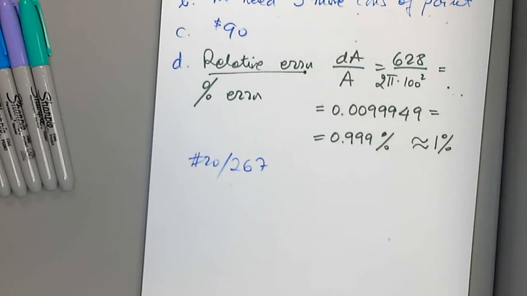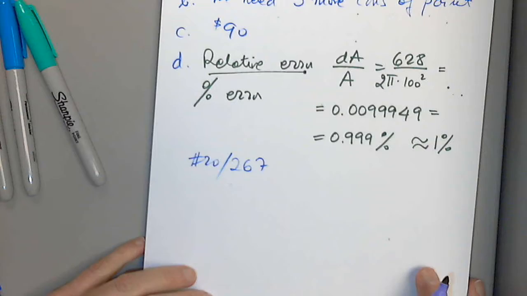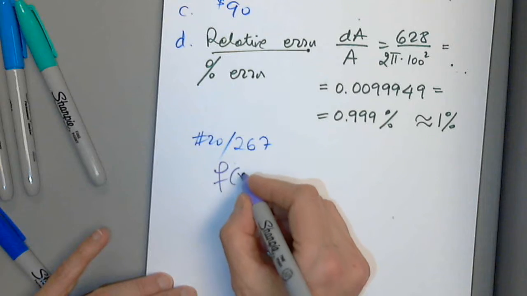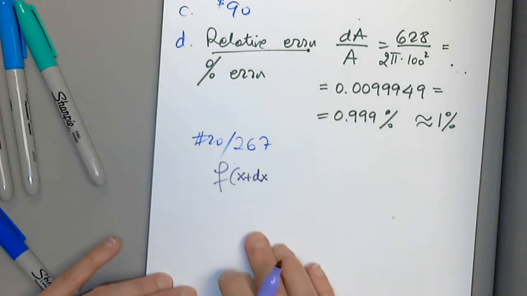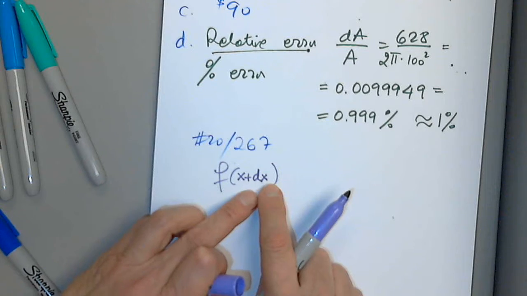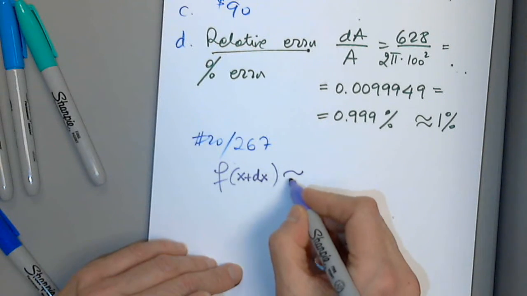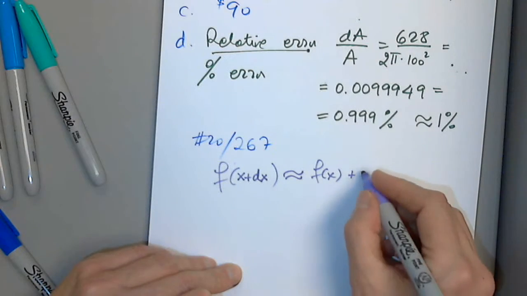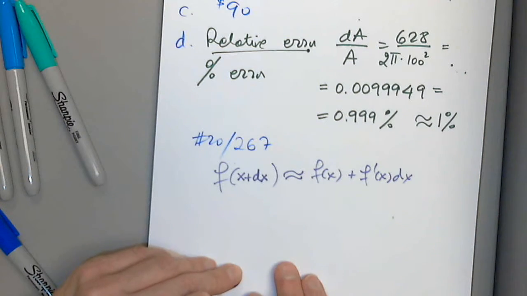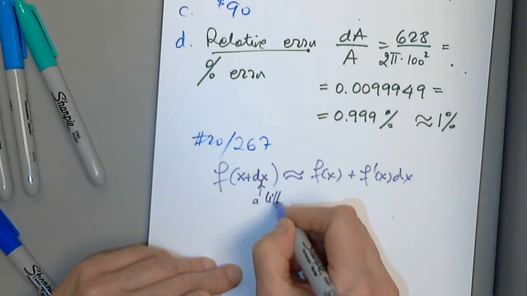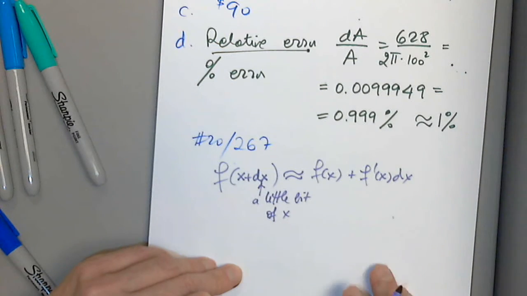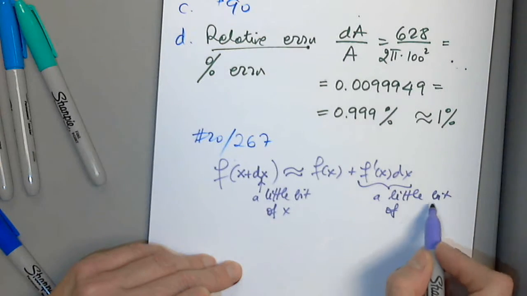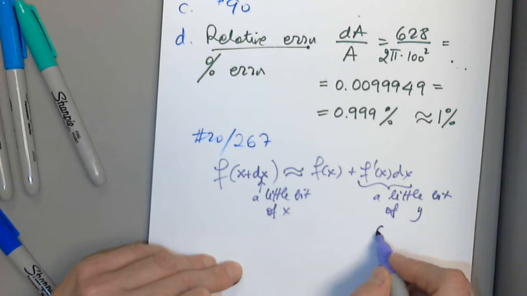Whenever we talk about marginal this or marginal that, please remember this. Here's how I remember it. f of x plus a little bit of x, this is a little bit of x, is approximately f of x plus a little bit of y, in other words, dy.